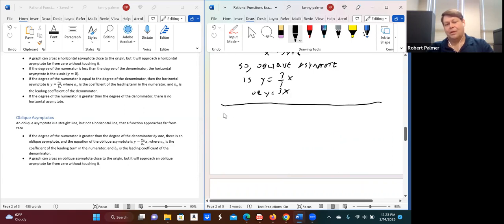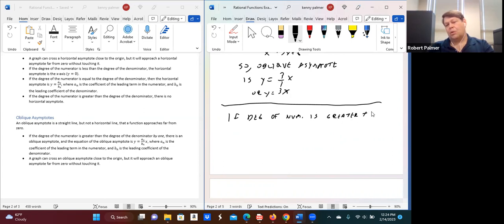Now, but let's finish saying this. If the degree of the numerator is greater than the denominator by 2 or more, there's no asymptote.